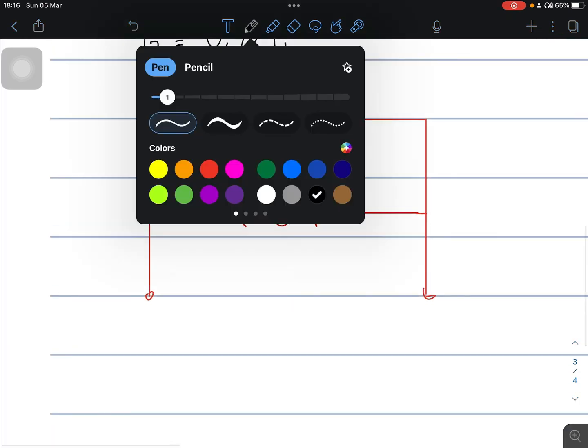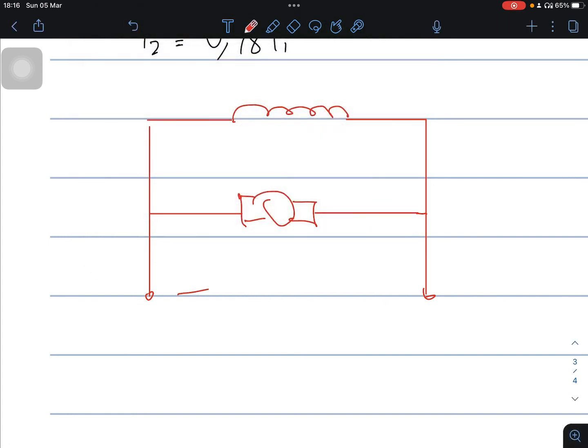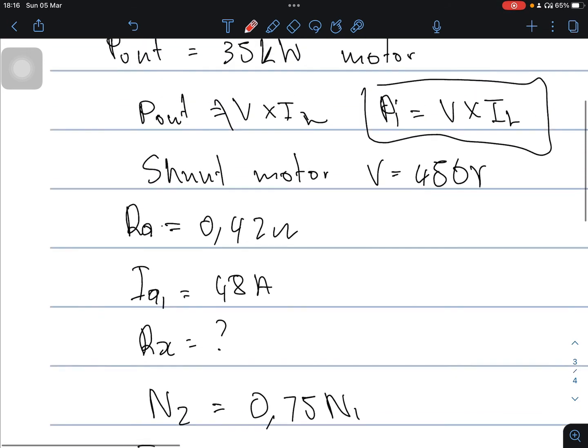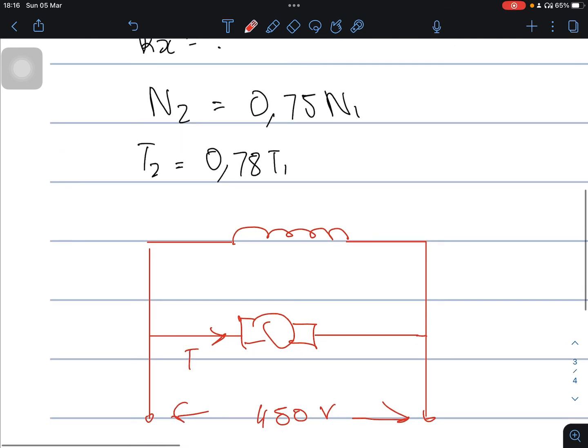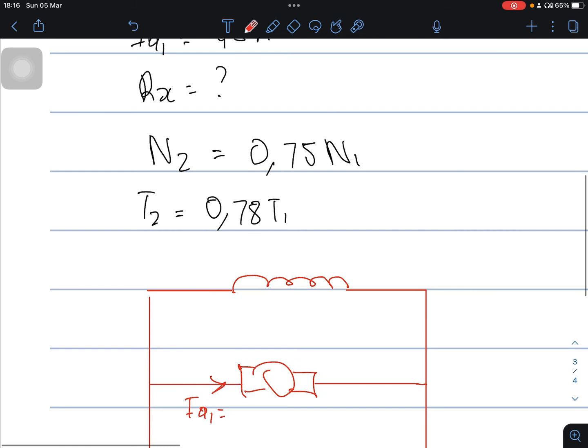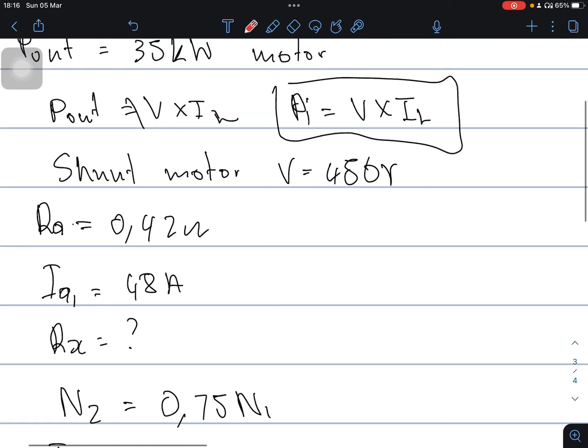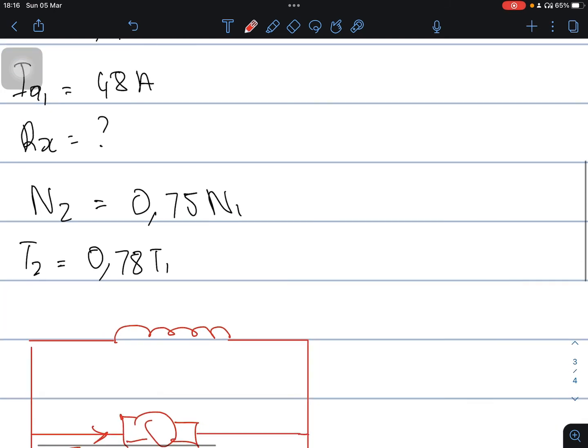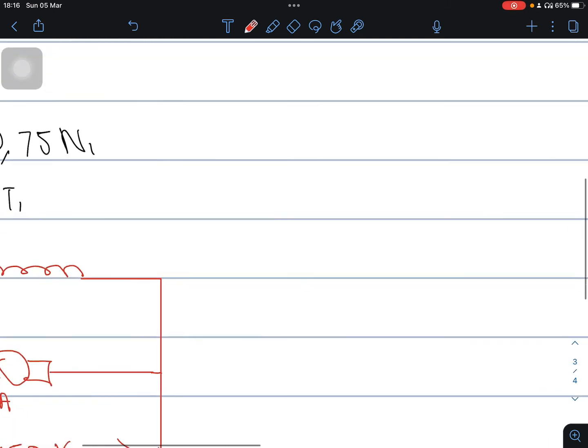What is nice about this question is that you are given the armature current: IA1 is equal to 48 amps.